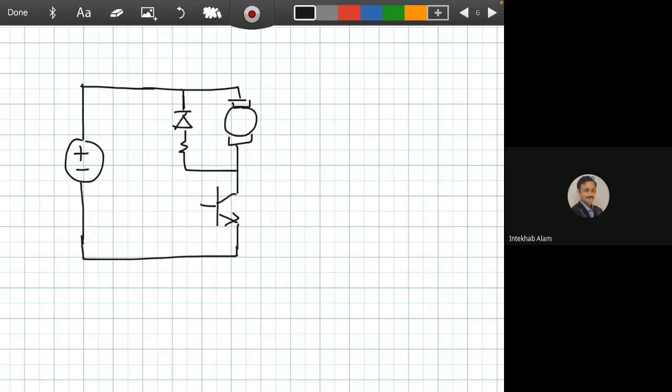Up to this point, we have already completed. So here is a change in the dVdt. If we suppress this dVdt, we usually use a capacitor.